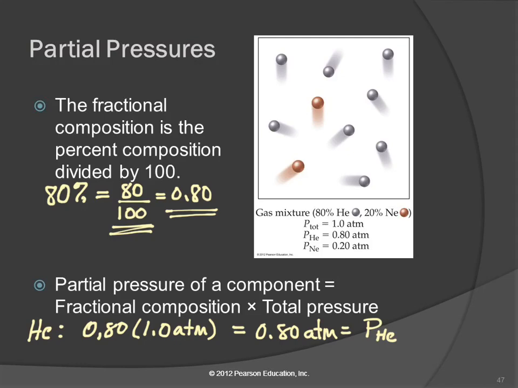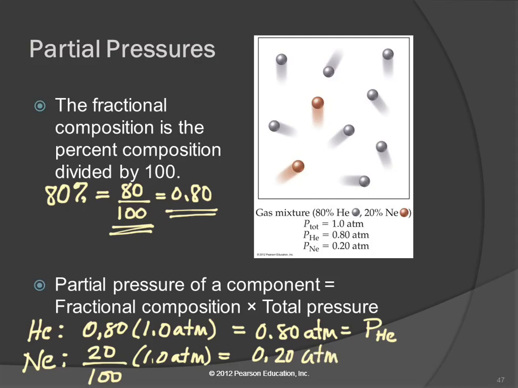We can do that for the neon as well. Let's do it a slightly different way and show you that this other way works too. 20% neon. That means there's 20 per 100 for the neon times the total pressure. 20 over 100 is 0.2 times 1 is 0.20 atmospheres. And that equals the pressure of the neon.